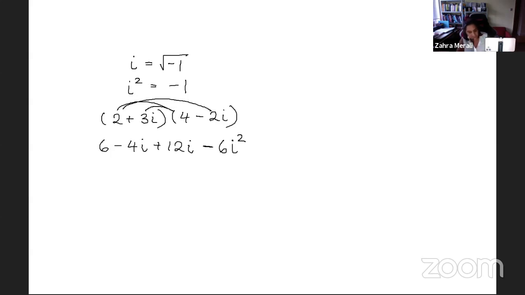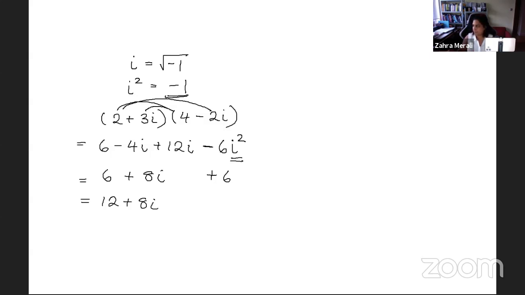Now we said i squared is the same as -1. -6 times -1 is going to make this +6. And if I put together, I've got -4 plus 12 to give me +8i, and then altogether I'll have 12 plus 8i, because I've got the 6 and the 6. But it's realizing i squared is actually -1.